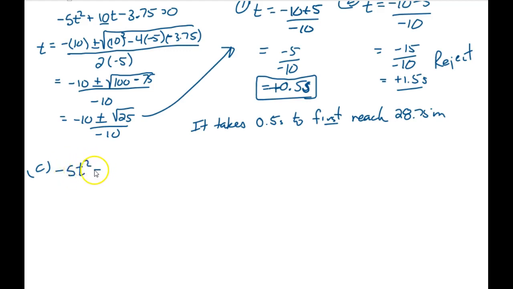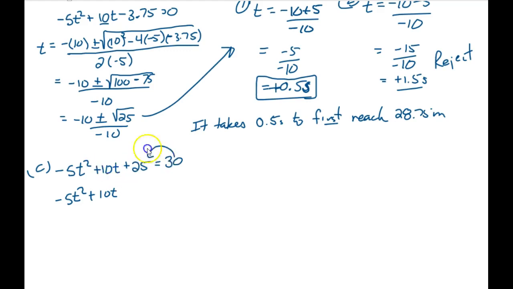Negative 5. Start with your equation. I could say equals h, but we know the height is 30. Bring the 30 over, so you need any variables or any numbers used on the left side.